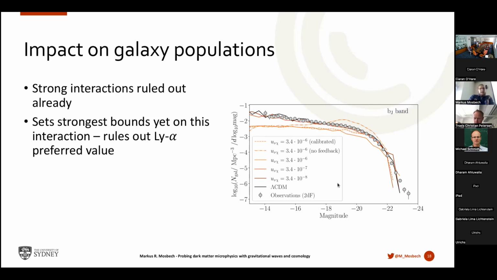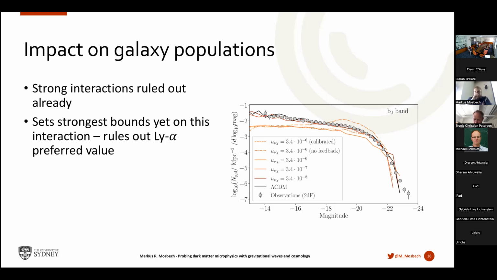And what we can see is, sure, it depends on how strong the interaction is, of course. And what we find is that we can actually already rule out the alpha hint using only galaxy populations. So this is the galaxy population in the BJ band, that's some observational magnitude band.